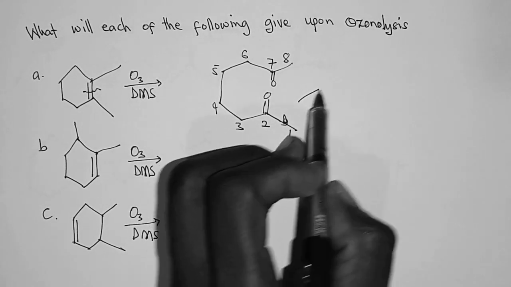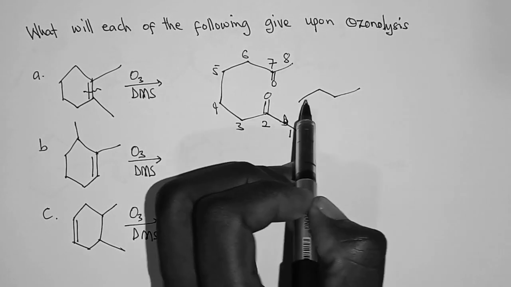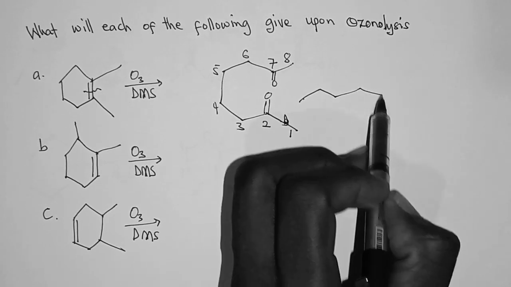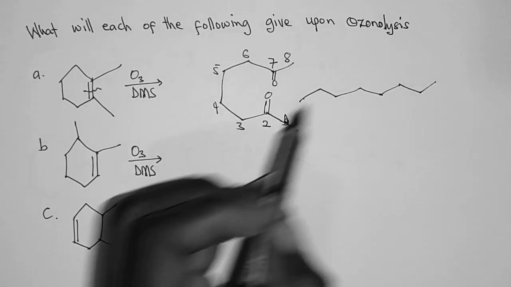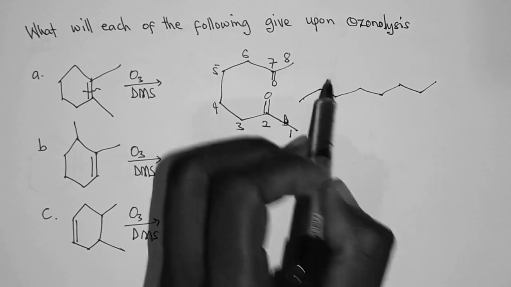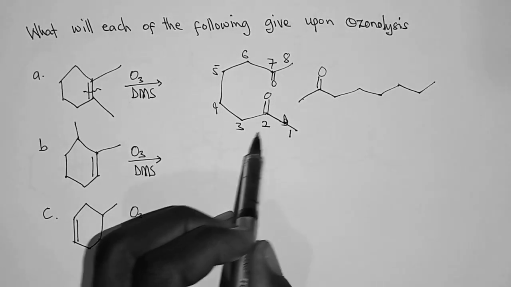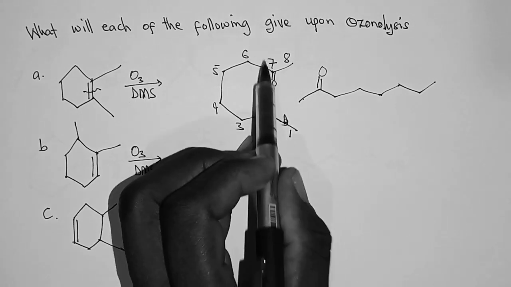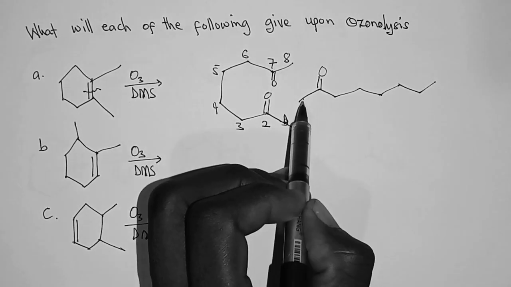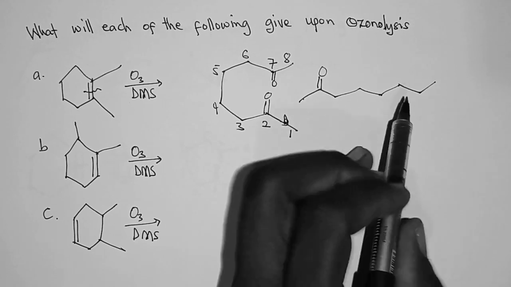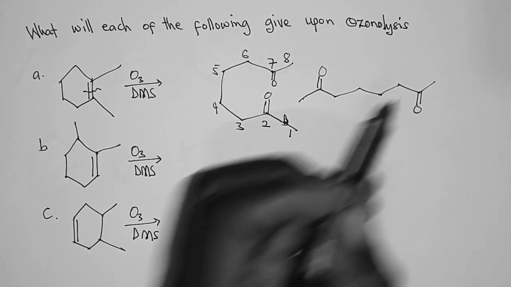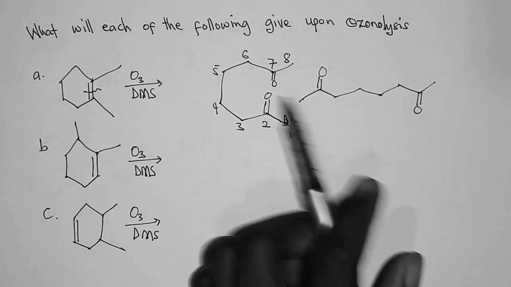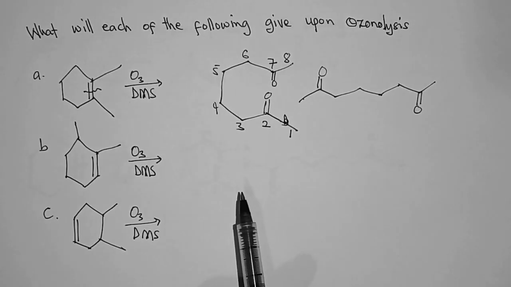So let's draw 8 carbons in a straight chain. And then on carbon number 2, we have a carbonyl center there. And then on carbon number 7, we also have another carbonyl center here. So this is the molecule that we are going to form.